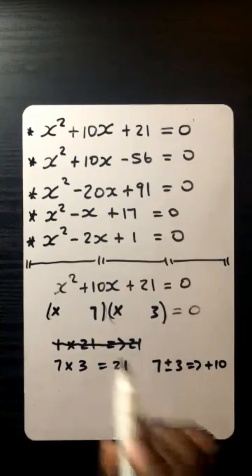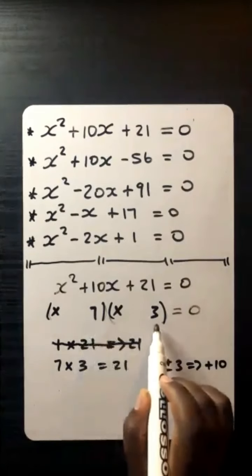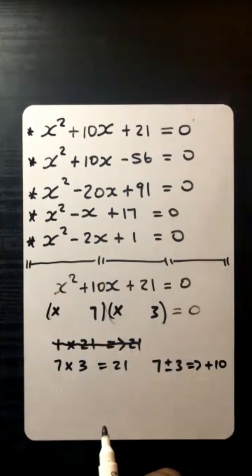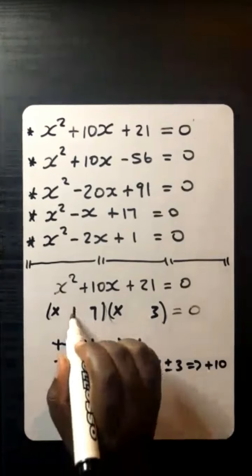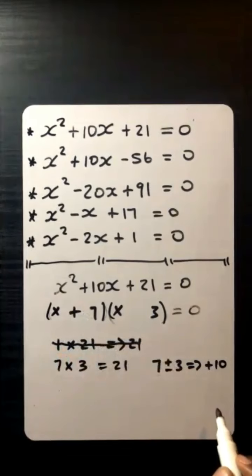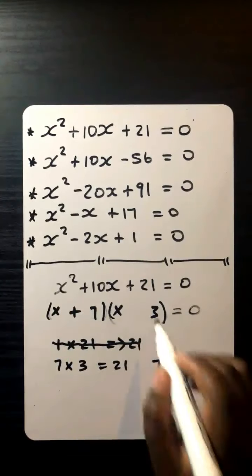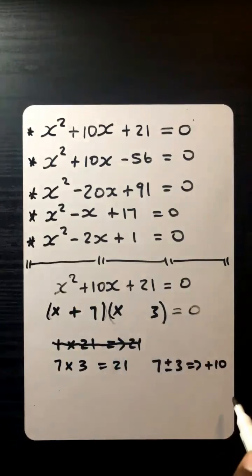Now between 7 and 3, which one takes the sign of the middle term? The bigger number, which is 7. 100%. So now, what about 3, Shreyas? Is it going to be a minus or a positive?